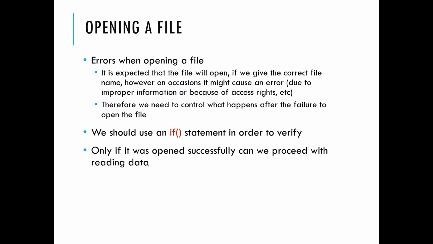So let's have a quick look at this. Whatever I do, when I go to open my file, the file pointer could be equal to null. So I better make sure I have some kind of if statement to make sure that it opened correctly, and otherwise, maybe have some kind of output message saying, oh, the file does not exist, or something like that.